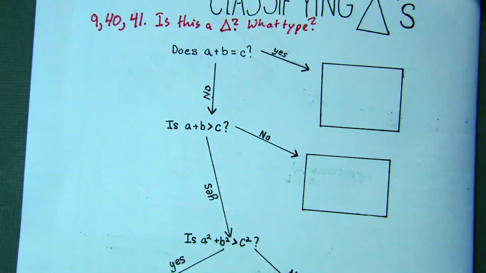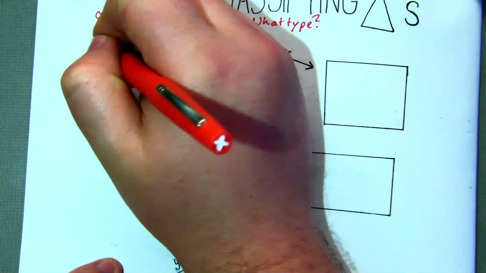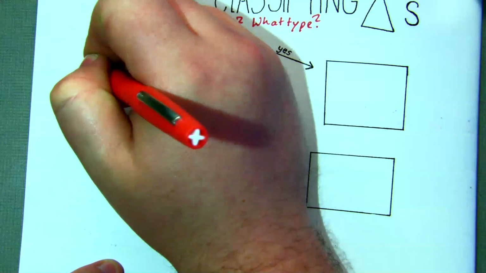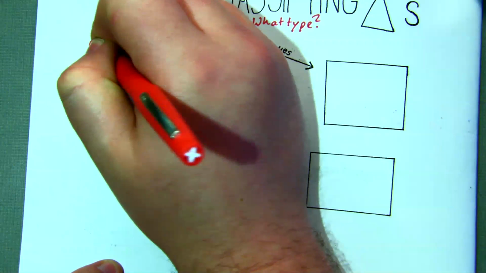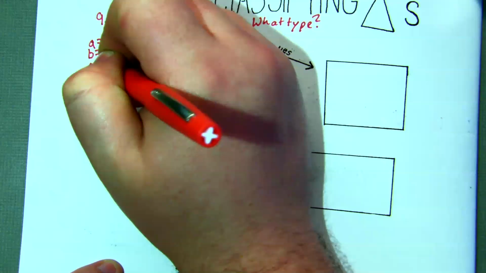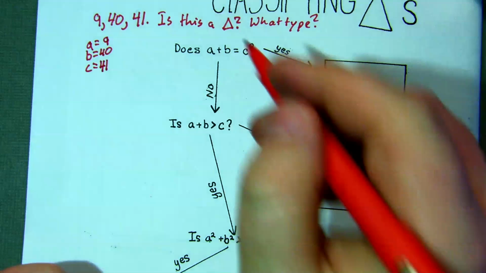We got a couple ways we can check this. The first thing we want to do, we want to label our sides A, B, and C. The important thing here is that C is always our longest side.